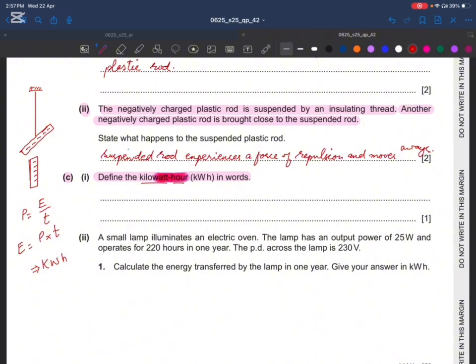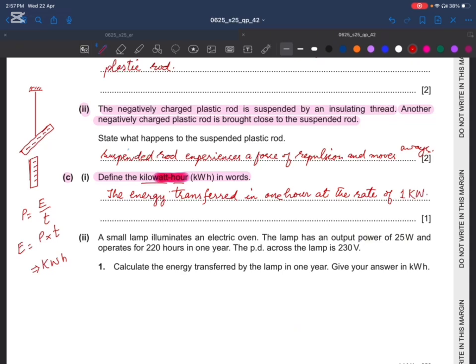So simply the definition you will write in this way: the energy transferred in 1 hour at the rate of 1 kilowatt.